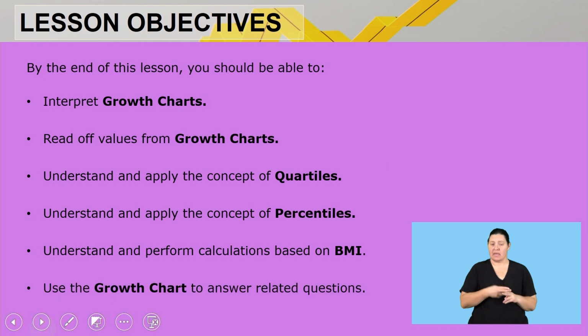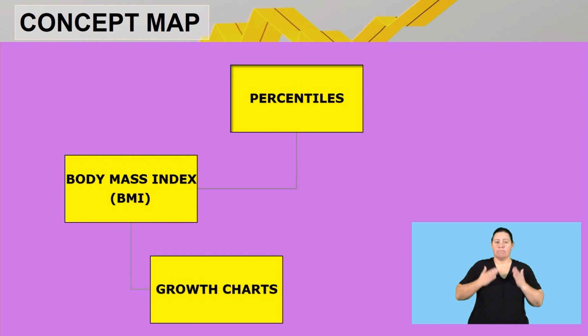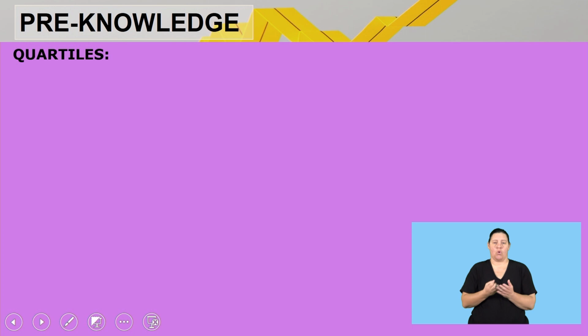And then also important is to use the growth chart to answer questions related to that specific growth chart. Let's quickly move on. In today's lesson, we'll focus on percentiles, body mass index, that's your BMI, as well as growth charts. Let's quickly see what you must understand at this point in time.